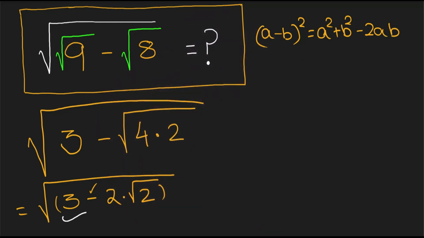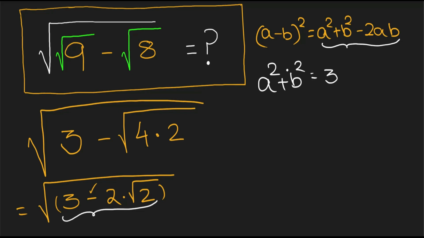If we compare this number with this expression, then we can write a square plus b square is equal to 3 and 2ab is equal to 2 root 2.